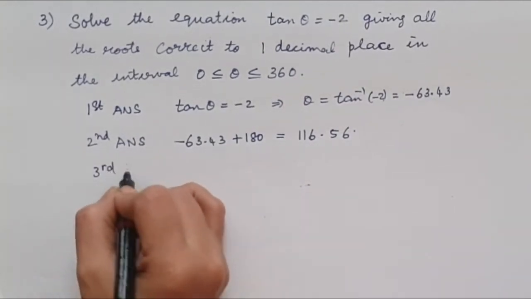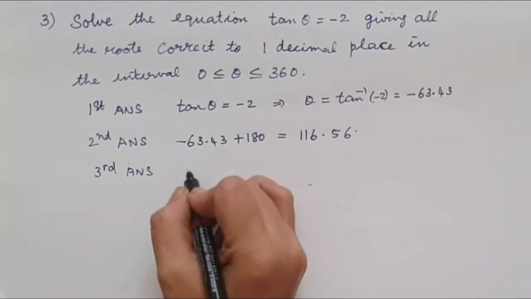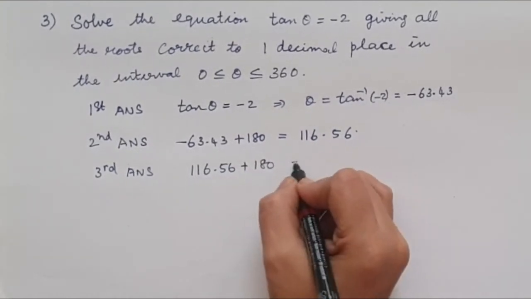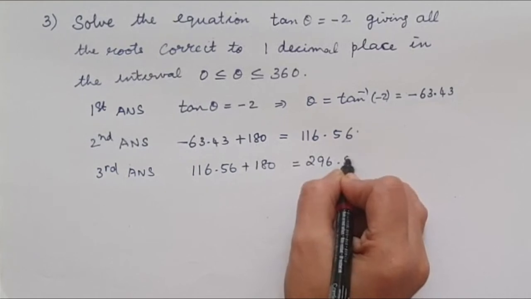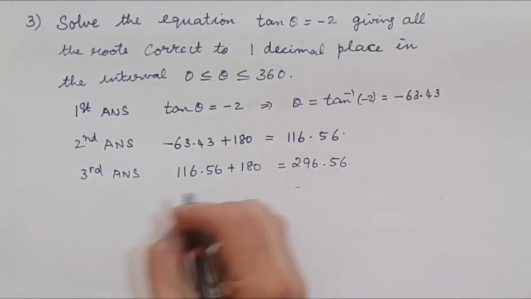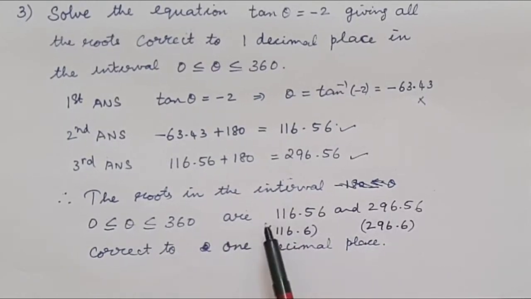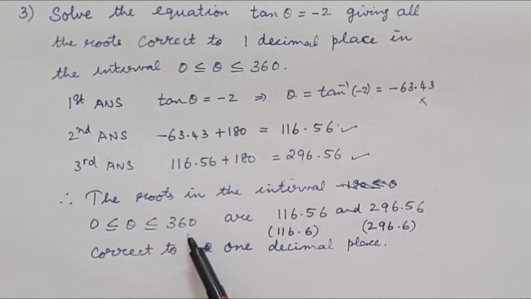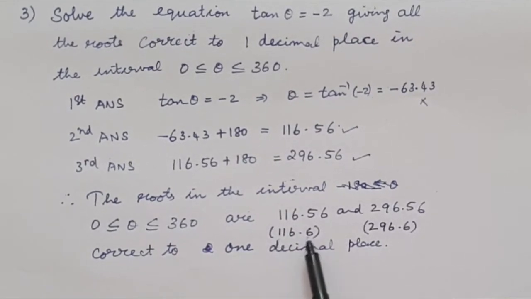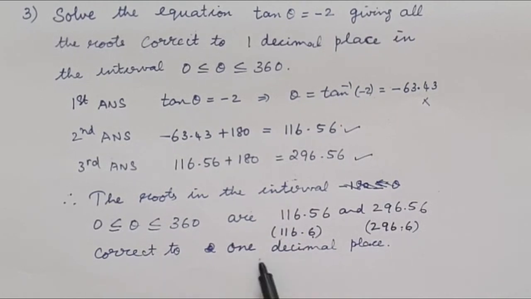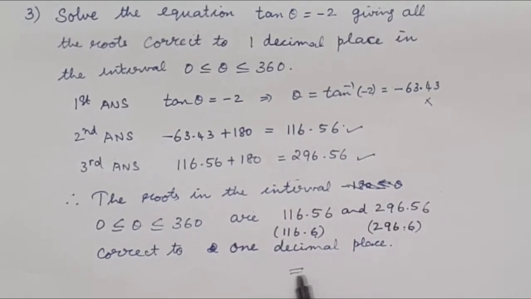Then our third answer will be this 116.56 plus 180. This will give us 296.56. Further, when I add 180, it goes outside the range, so we are not interested in this. Therefore, the roots in the interval 0 less than or equal to theta less than or equal to 360 are 116.6 and 296.6, correct to one decimal place.